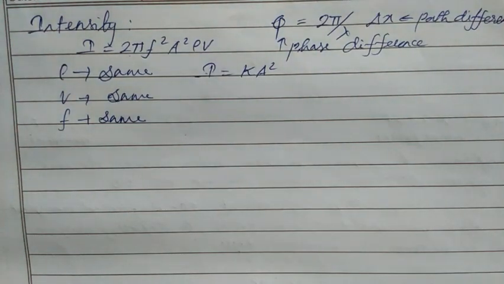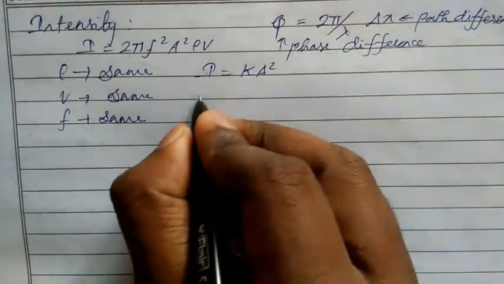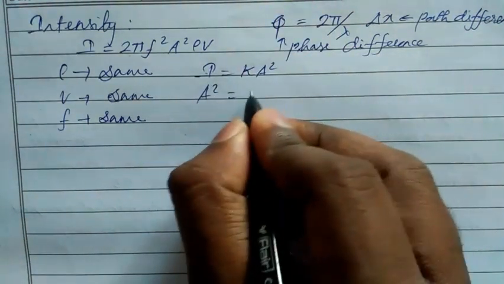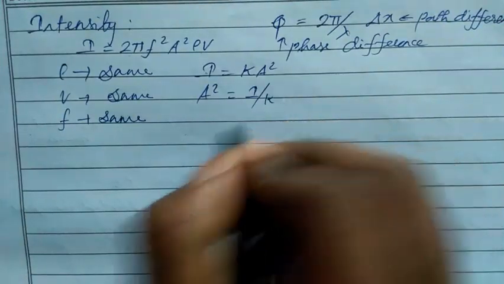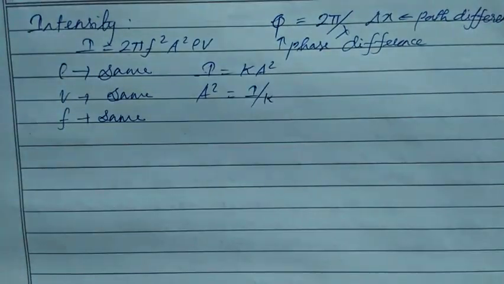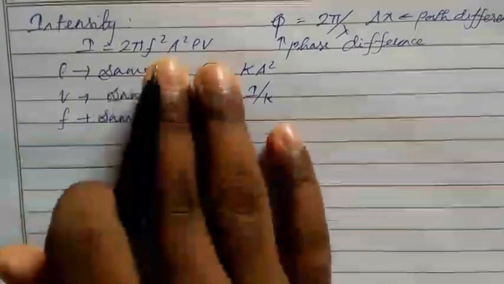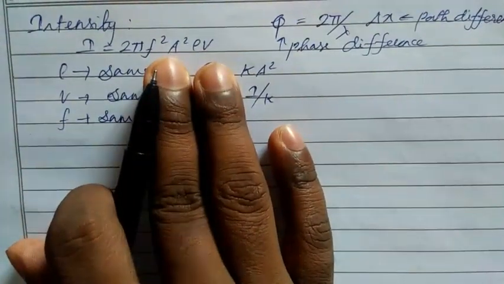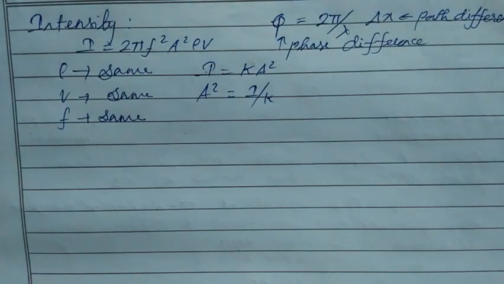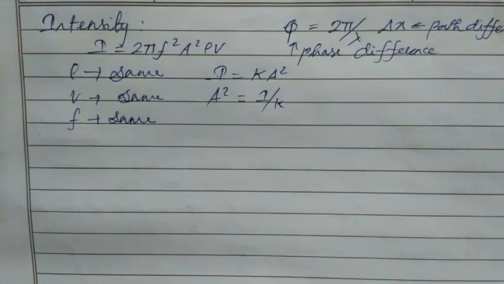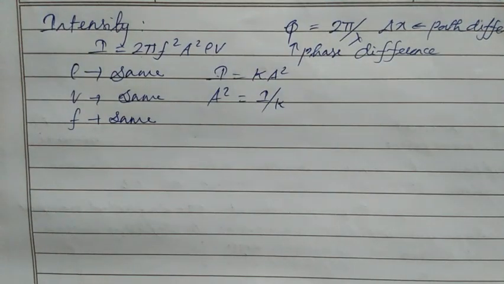From this equation, a square equal to I by k. Here a means amplitude, so amplitude square equal to I by k. We know the resultant amplitude which we found in the previous derivation.